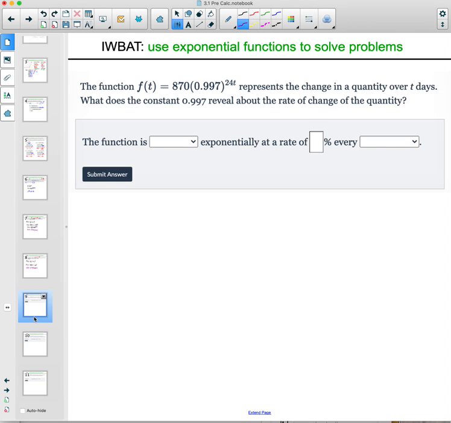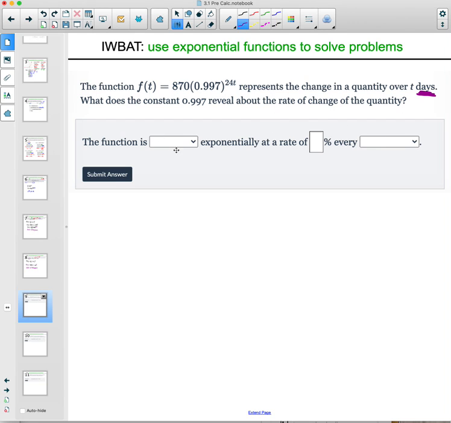All right, this one gives you a function representing the change in quantity over t days. So the time is measured in days. What does this constant, 0.997 in here, reveal about the rate of change of the quantity? So the function is blank exponentially at the rate of what percent every how often?